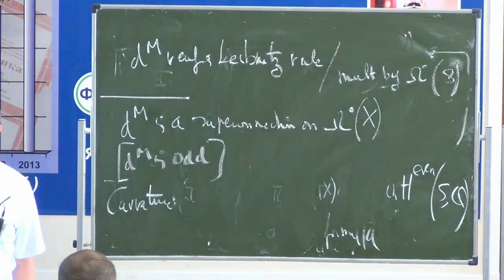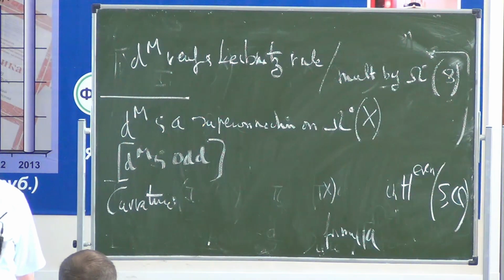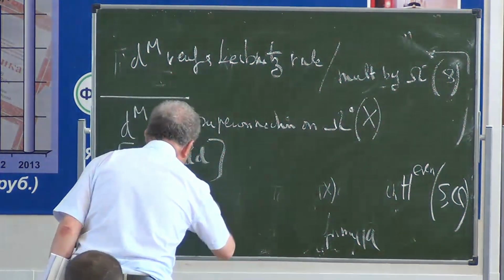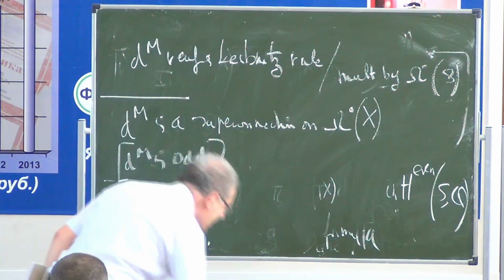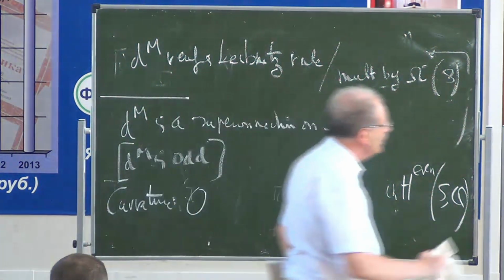Since dM square is equal to 0, its curvature is 0. So not only have we already met superconnections, but we've met actually flat superconnections. So how can we view dM as a superconnection?